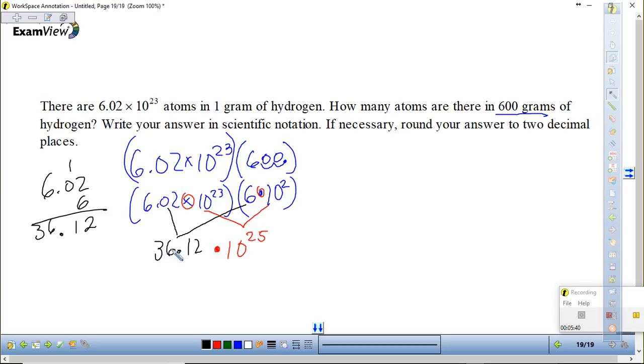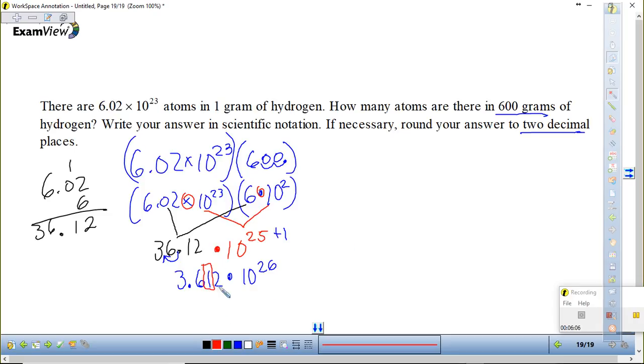Is that scientific notation? No, we move the decimal over how many times? Once. If we move it over to the left once, we need to add 1. So this becomes 3.612 times 10 to the 26. However, what does it say at the end? Round to the 2 decimal place. Which is my 2 decimal place?